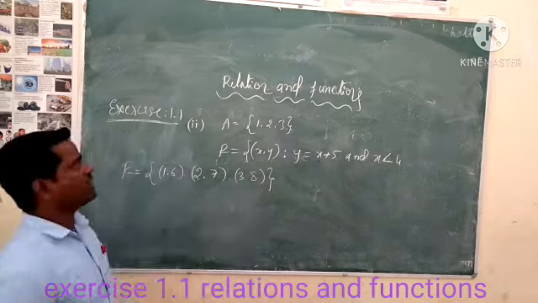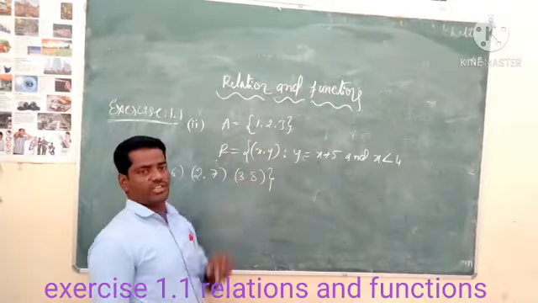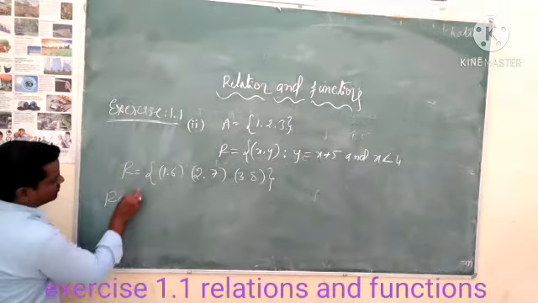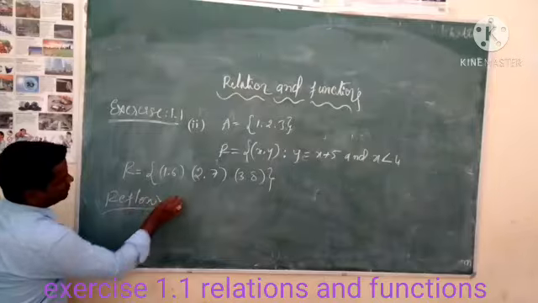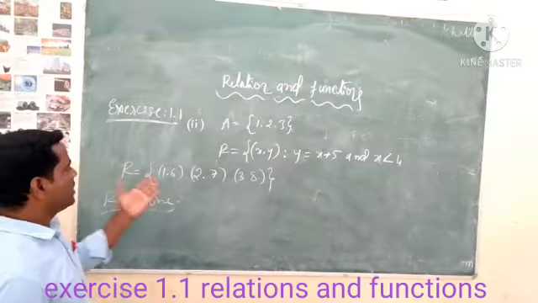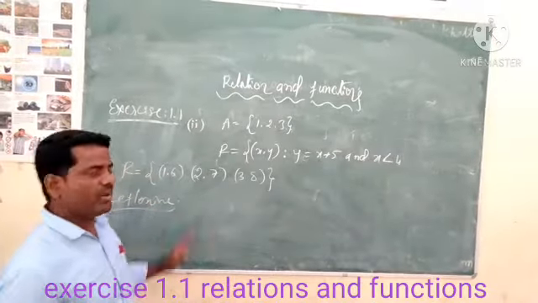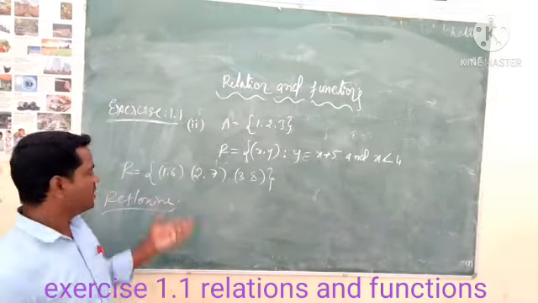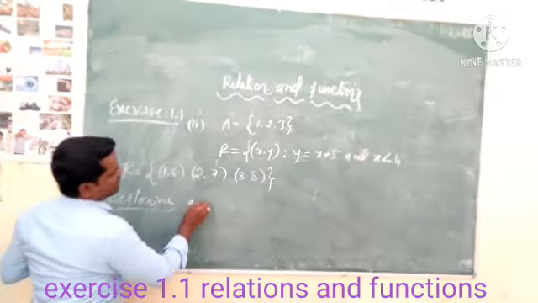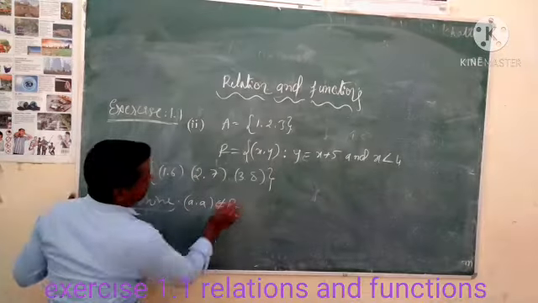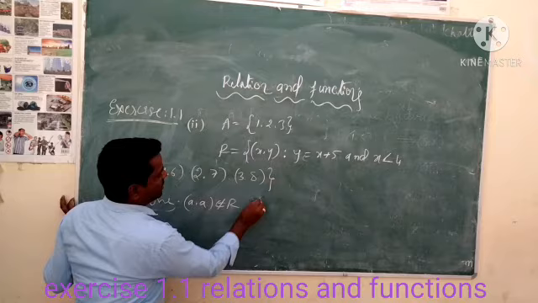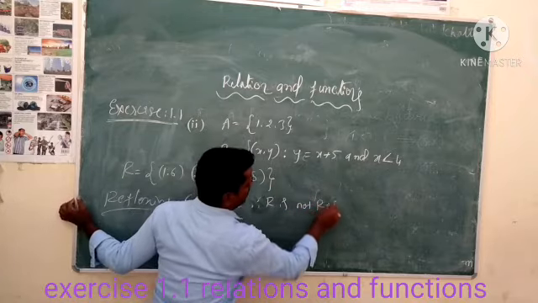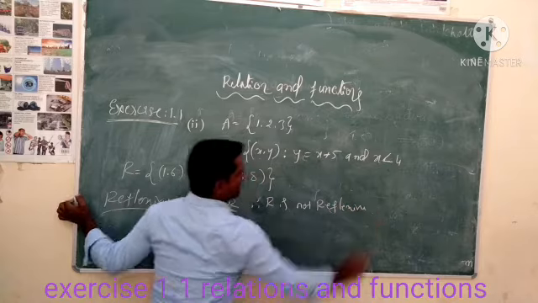This is the ordered pairs by the help of this relation. Now reflexive. It has no repeated elements. That means (1, 1) does not belong to R, (2, 2) does not belong to R, so (a, a) does not belong to R. Therefore R is not reflexive.